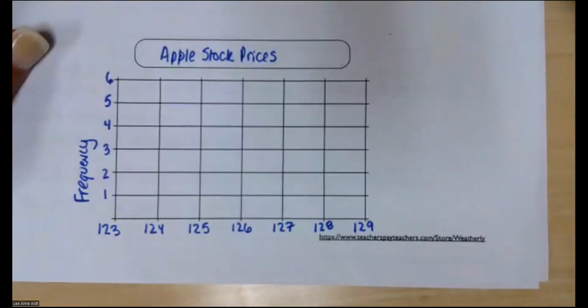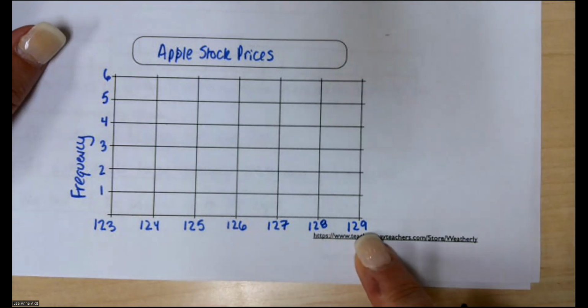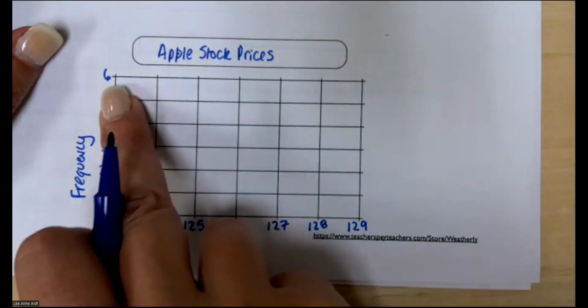Okay, then set your graph up like this. So I started at the lowest. And then I put frequency here.